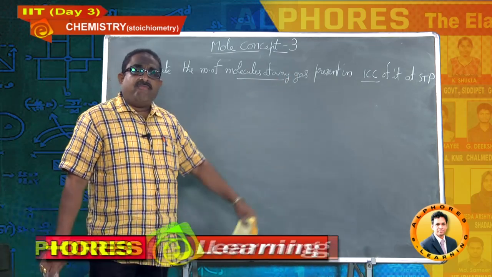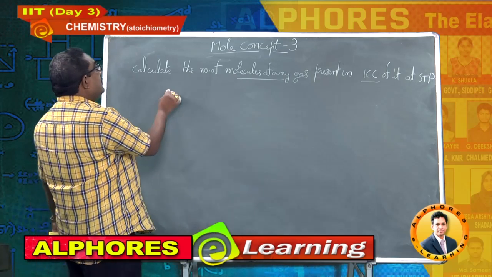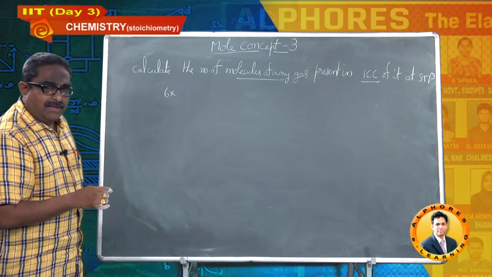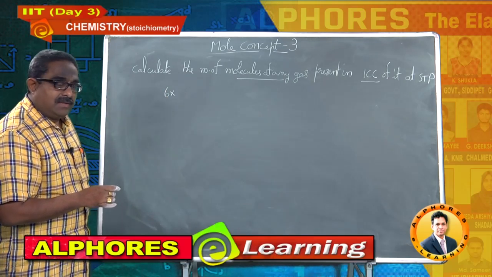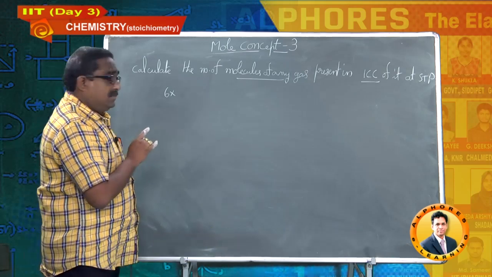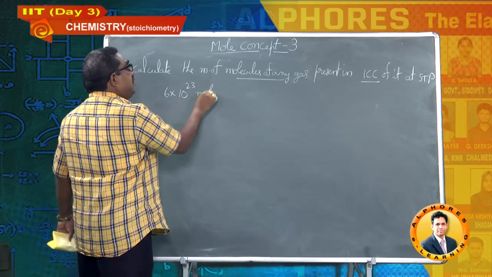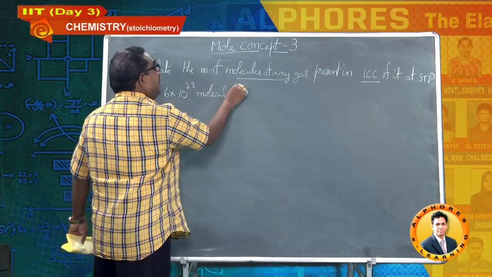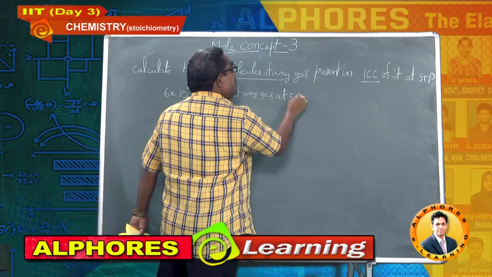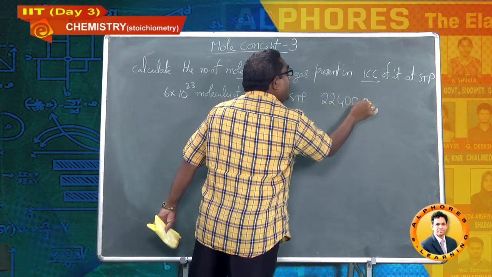Based on the GMV concept, we can calculate this. We can write like this: 1 mole of any gas at STP occupies 22.4 liters. Students, don't forget to copy it down. 6 into 10 power 23 molecules of any gas at STP occupy 22,400 cc.